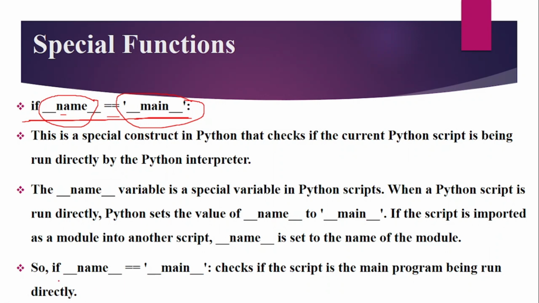So basically, if __name__ is equal to __main__ checks whether the Python script is being run directly as the main program, or whether it is being run through a module. That is the reason why we are using this function. Even in today's program on division, we'll also be using this function.